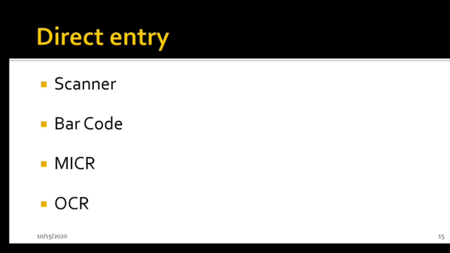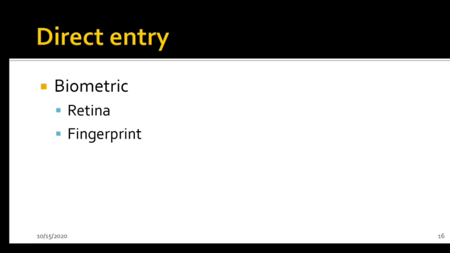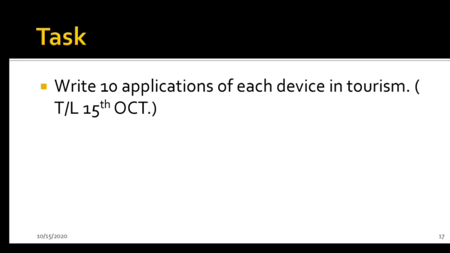MICR you must have seen in banks, and OCR is based on optical technique. For direct entry, we also have biometric machines. These machines are normally based on the retina, to see and record the retina, and to record fingerprints. So that is a kind of pattern recognition system. You can write 10 applications of each device in tourism.